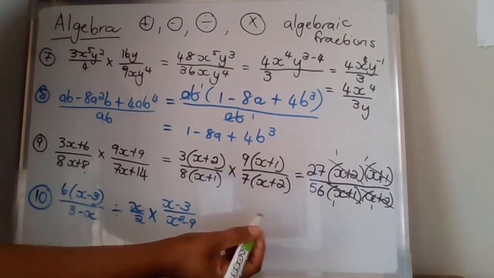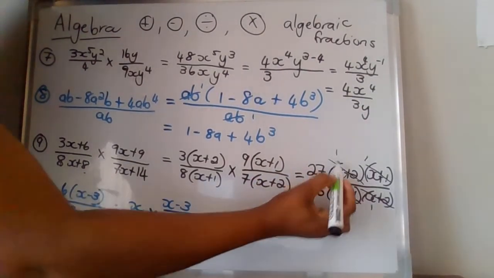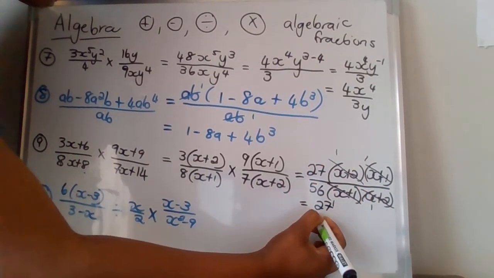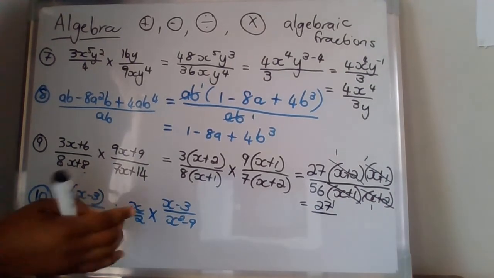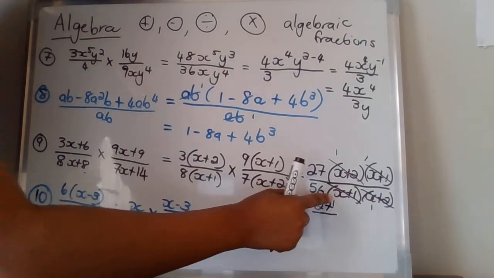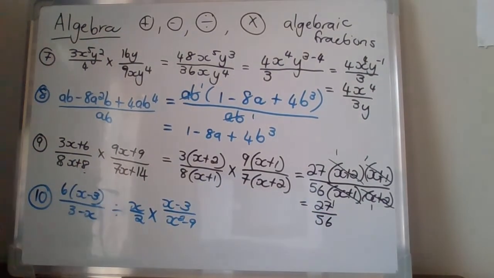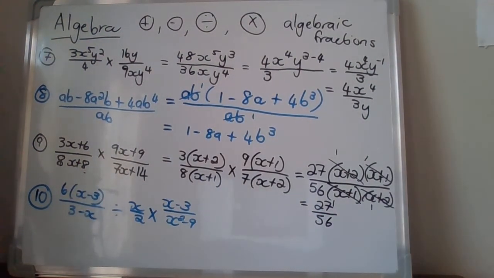So then at the top, I have 27 times 1, which is 27. And then I have 56 times 1, which is 56. And that's my answer.